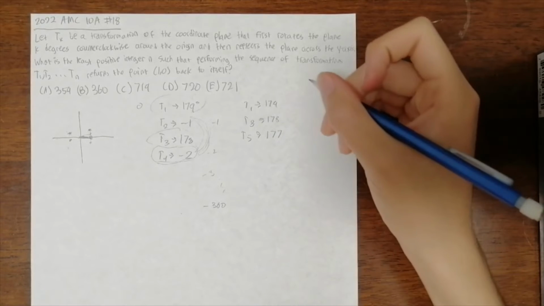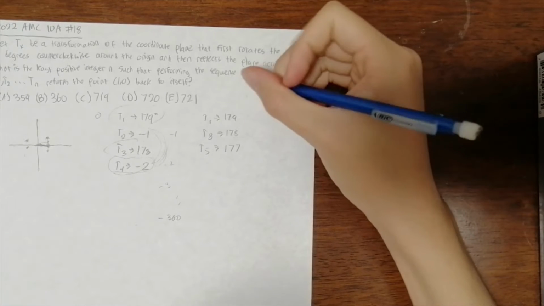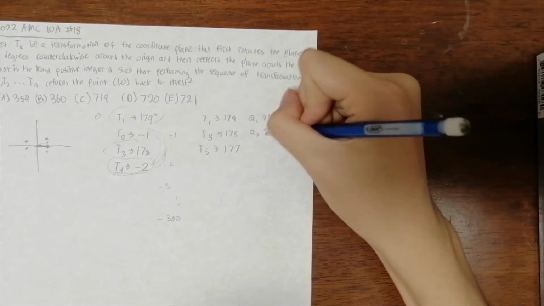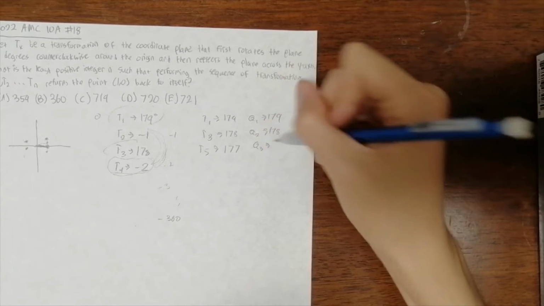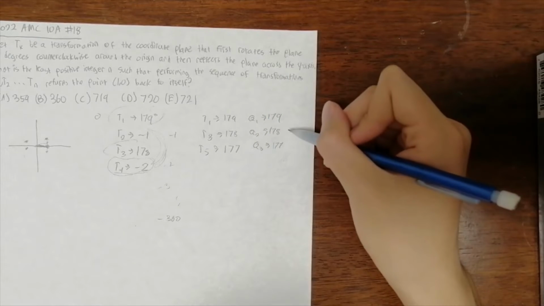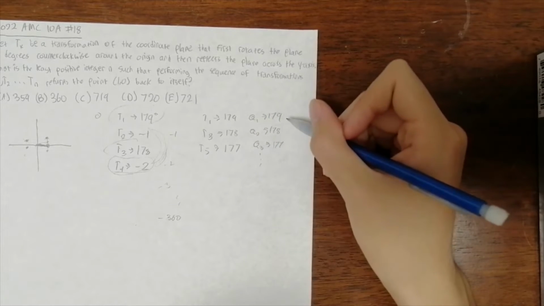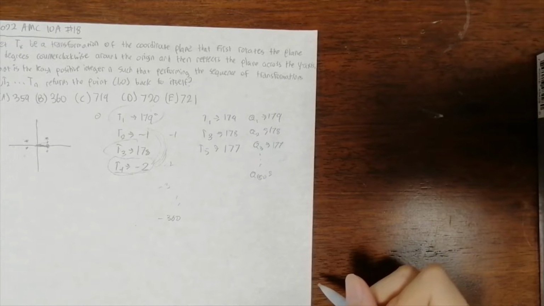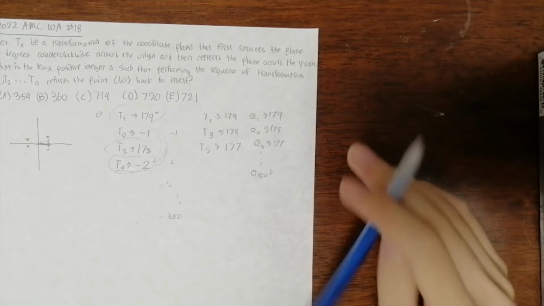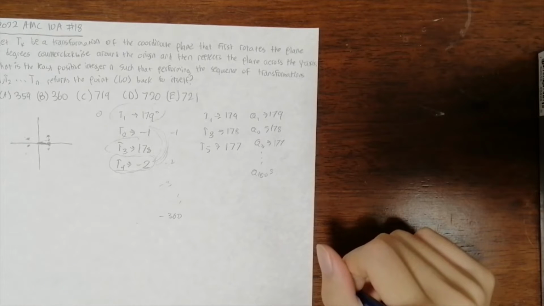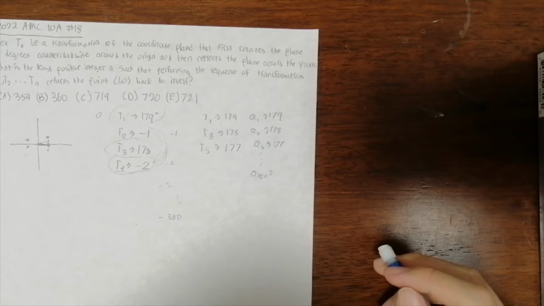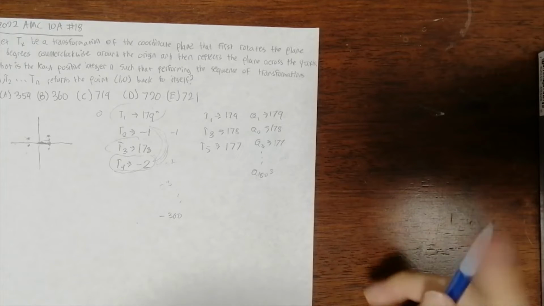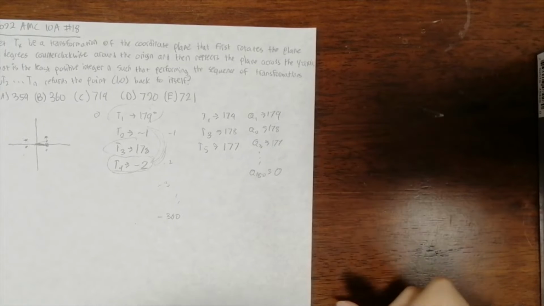Let's write another sequence: Q1 equals 179, Q2 is 178, Q3 is 177, and Q180. Yeah, okay, so it'll be 0. Q180 is 0.